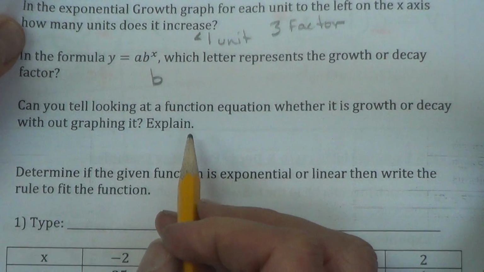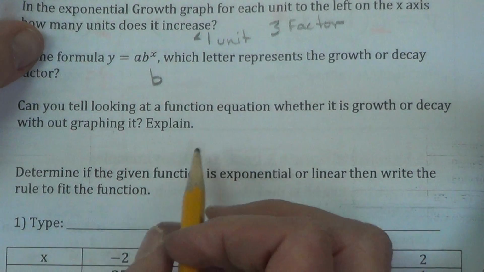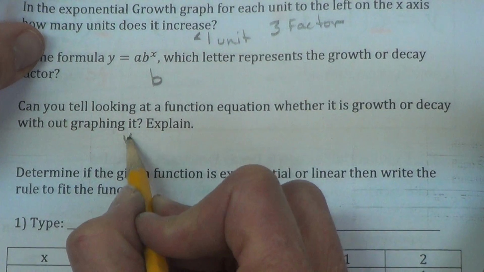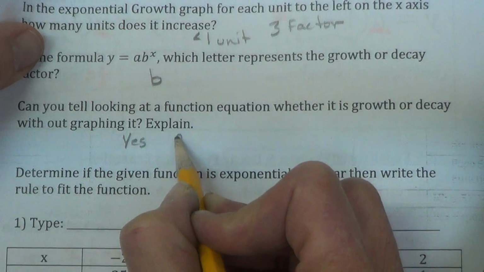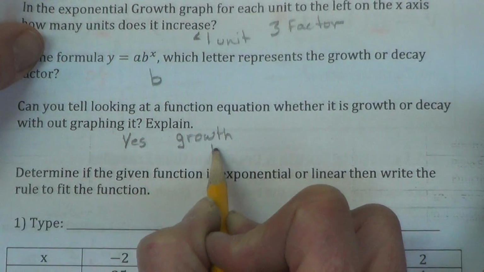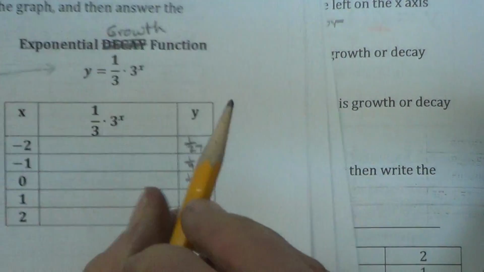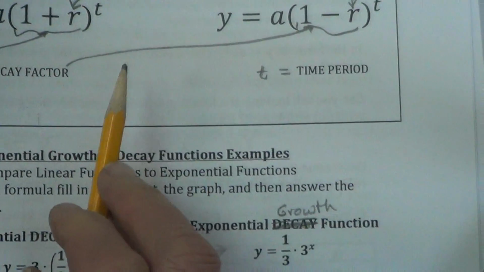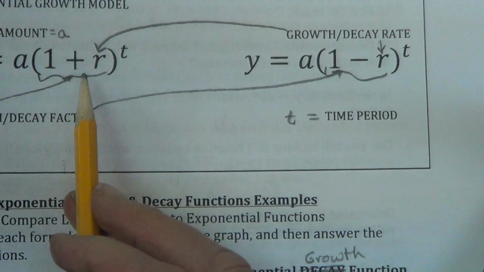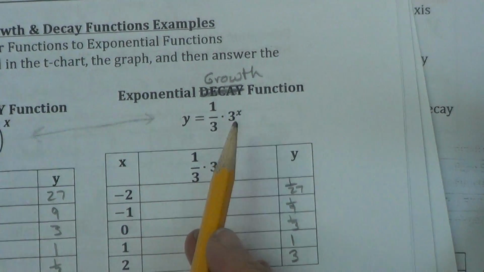Can you tell, looking at a function equation, whether it is growth or decay without graphing it? Yes. Growth, the b value. Remember, the b value on growth is greater than 1. Right there, the 3.